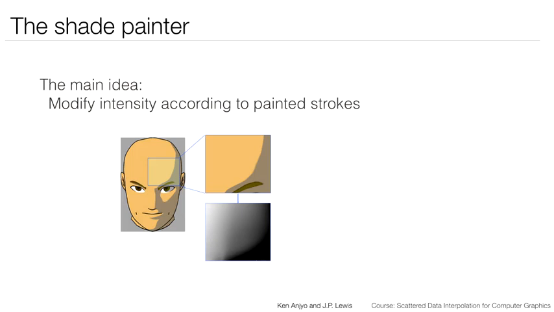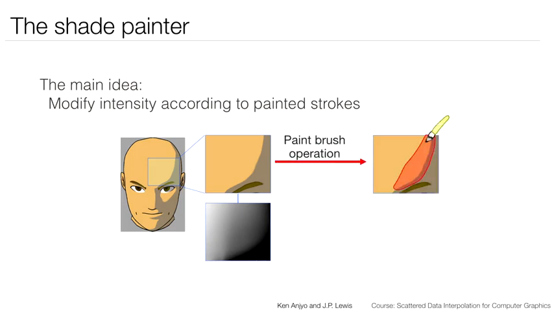Suppose that this is the given initial situation, where the intensity is given as shown in the bottom image, and by introducing the threshold, we have the upper image. Then we suppose that we just paint something to add more dark area.